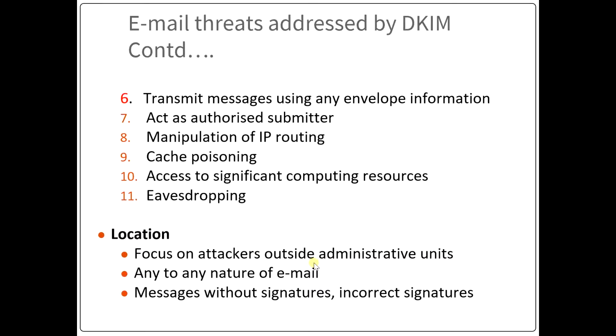The sixth is the ability to transmit messages using any envelope information that is desired, or to act as an authorized submitter for messages from a compromised computer, or to manipulate IP routing.